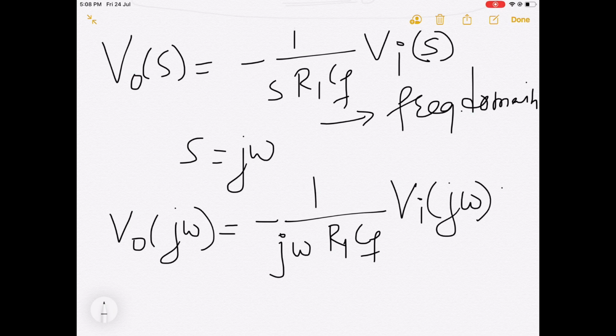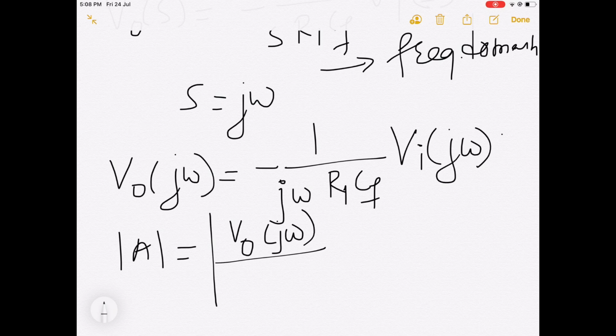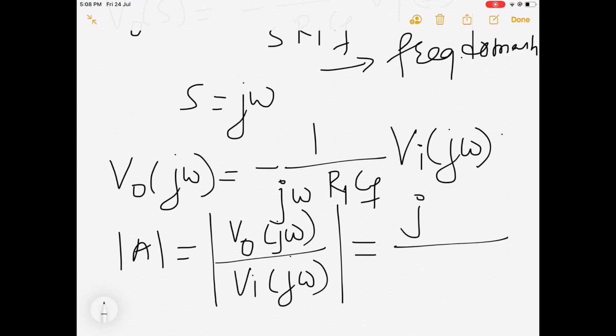Okay. Hence the magnitude of the transfer function of the integrator, if we calculate the magnitude, will be Vo of j omega divided by Vi of j omega equal to 1 upon omega R1 Cf.